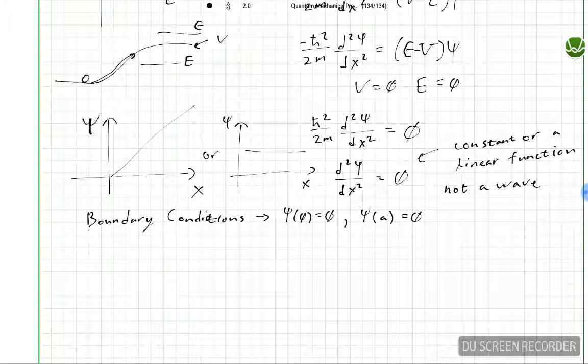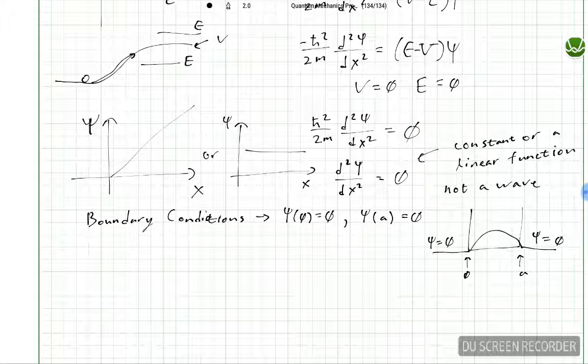That's because outside our potential well, the wave function doesn't exist. It is equal to 0 over here and over here, and our wave function has to be continuous. So it has to equal 0 at these boundary points.